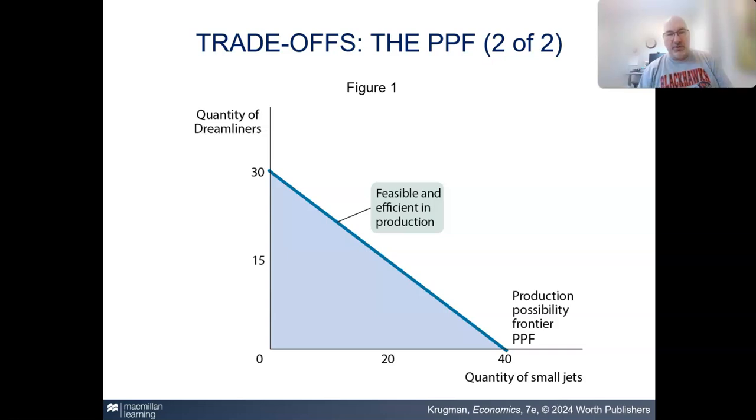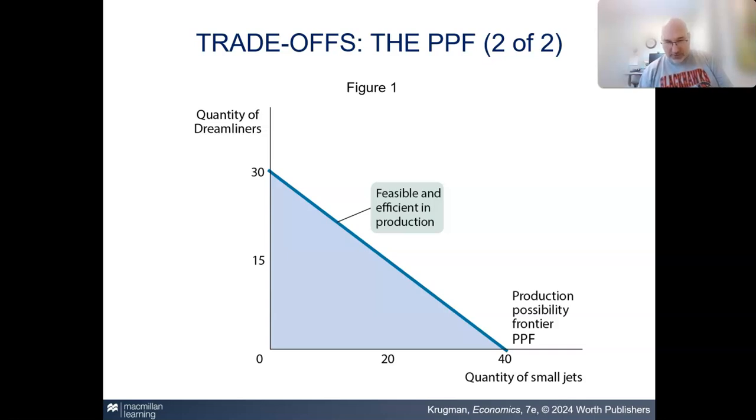A straight line typically means the two goods are, in a sense, substitutable. Normally, what you will have are two goods that are non related, typically like a capital good and a consumer good. But we have here on the vertical a Dreamliner and small jets on the horizontal.